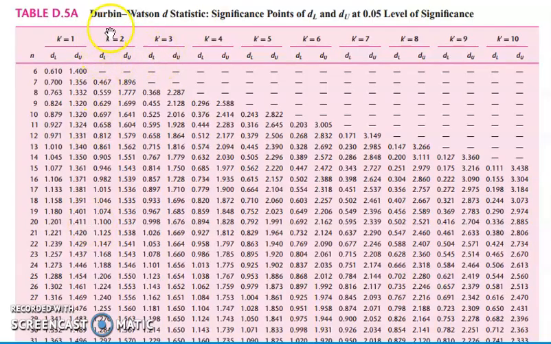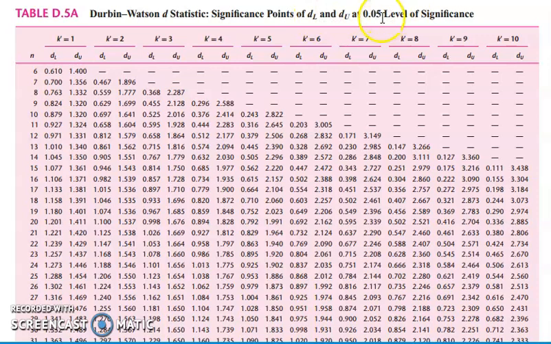Referring to the Durbin-Watson table, these are the critical values. For Durbin-Watson, we need to use K prime and also the sample size. K prime, the number of regressors, is 1 and n equals 24. From the table, we get DL, the lower limit, which is 1.273, and the upper limit is 1.446.